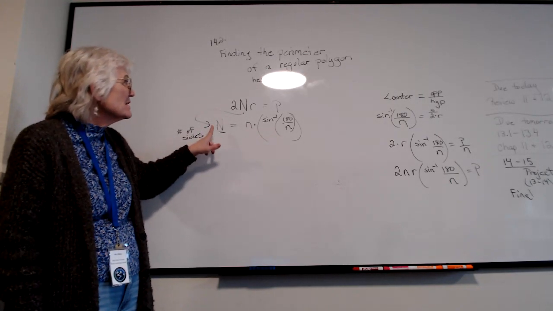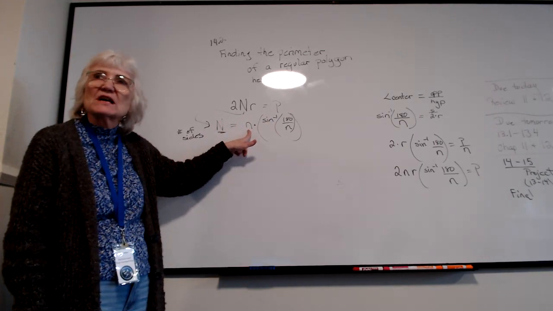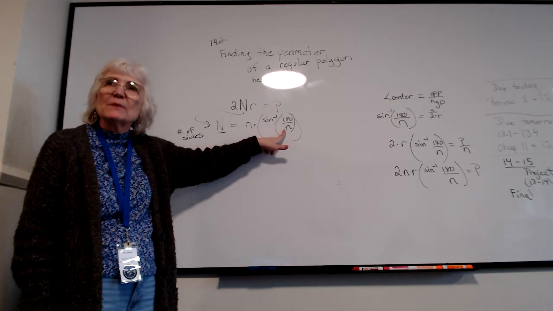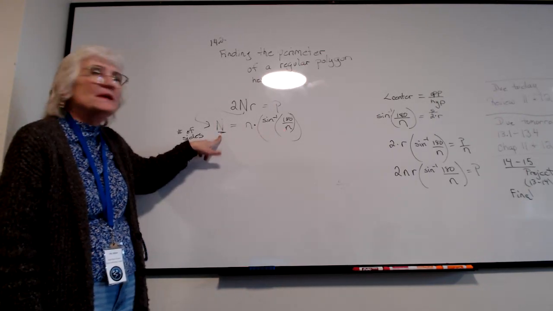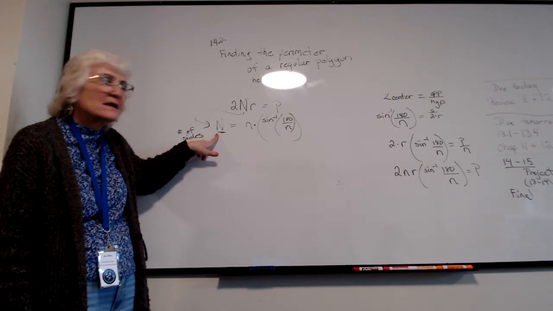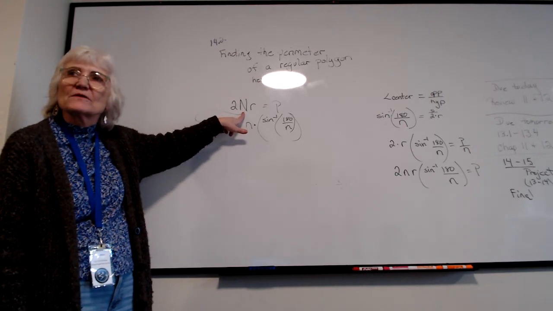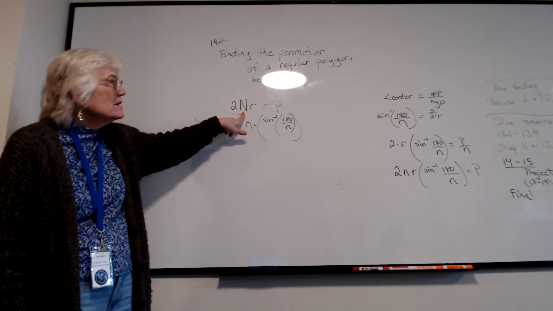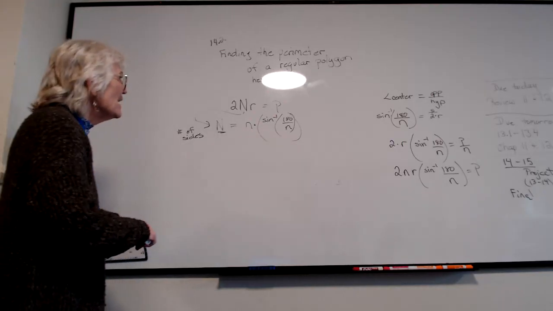No, capital N doesn't equal the perimeter, it equals the number of sides times the inverse sine of 180 divided by the number of sides. Big N is just part of the perimeter formula. So you do this first, and then you plug it into 2 times N times r.